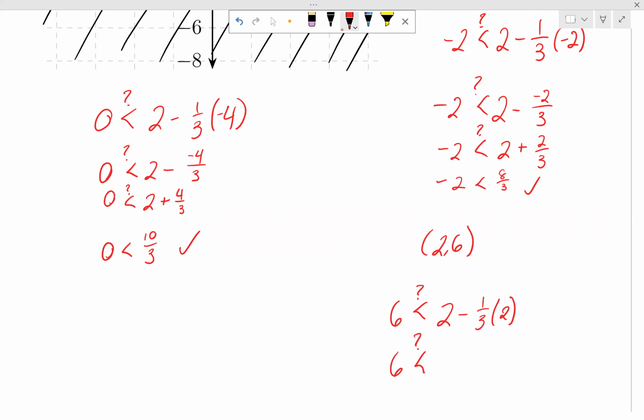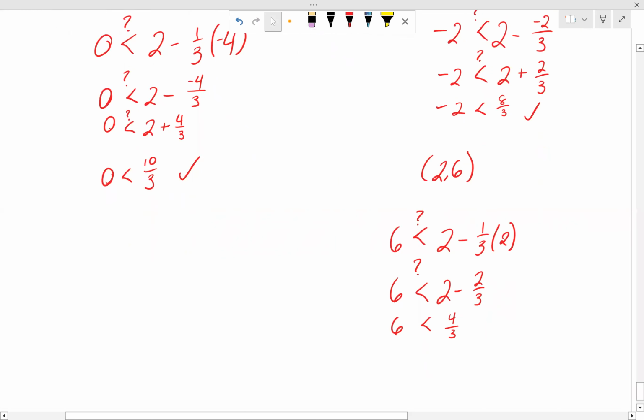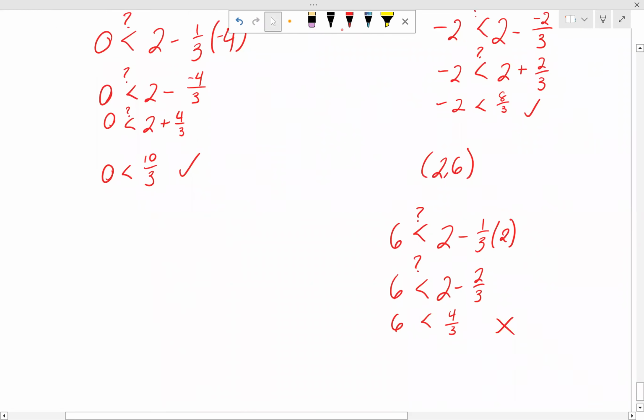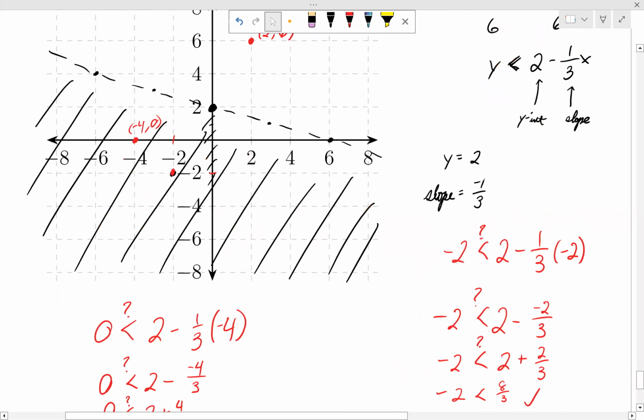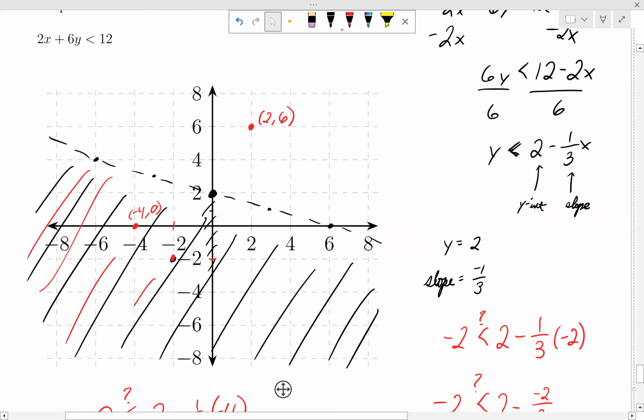Is 6 less than 2 minus 2/3? Is 6 less than 4/3? And the answer is no. This is not true. 6 is not less than 4/3. So this one does not hold. This one is not good, which makes sense because we said that we were only looking at the points that are below here.